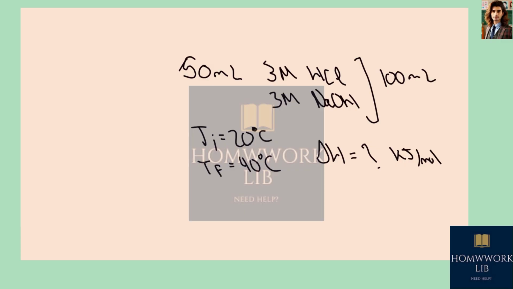Other information that is given to us is that we can approximate the density of the solutions as being 1 gram per milliliter, and that the heat capacity of the solution can be approximated to that of water, that is 4.18 joules per gram degree Celsius.